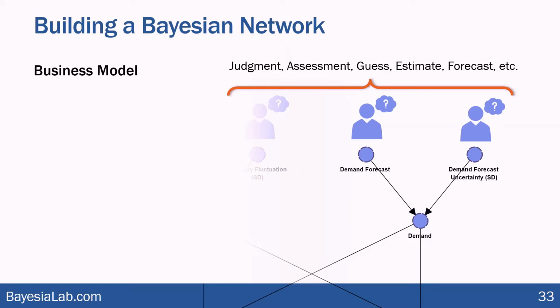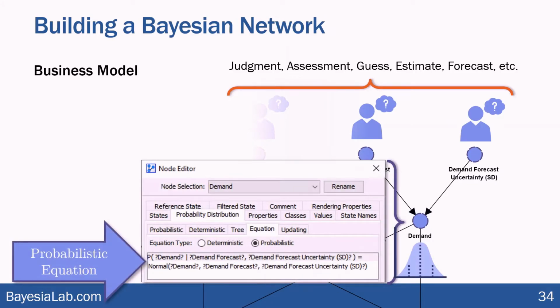So anyway, here our decision makers, our business stakeholders need to provide their estimates, and then from these beliefs we compute a demand. And once again we're going to use a formula, but now we're going to use a probabilistic equation in BayesiaLab. That is very helpful because we can simply use the mean and the standard deviation as defined by the parent node, and then compute or rather generate the distribution.